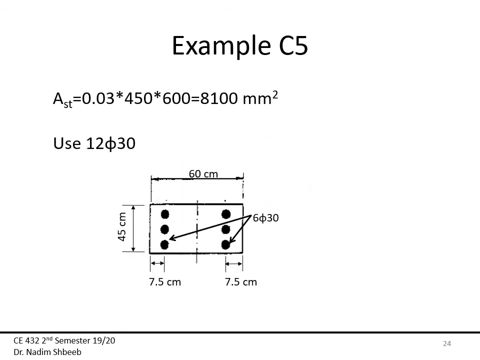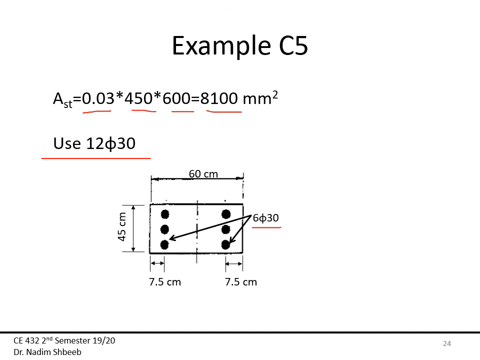So again, because I want 3% area of steel, this is going to be 3% times 450 times 600. This is going to be 8,100 square millimeters. So for that, I'm going to use 12 by 30. Again, this is the arrangement that I have. This is my 45 centimeters that I chose. Obviously, you also have to check that these 6 by 30 will fit into that column.